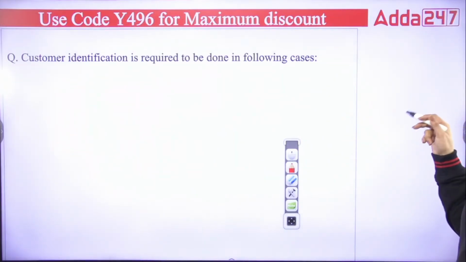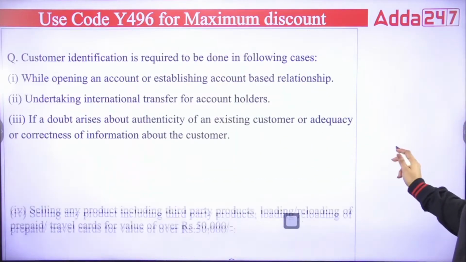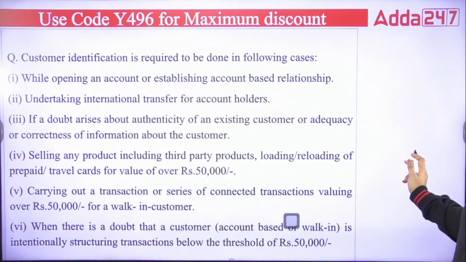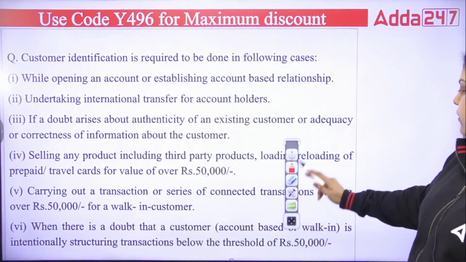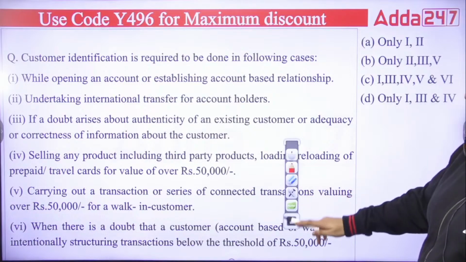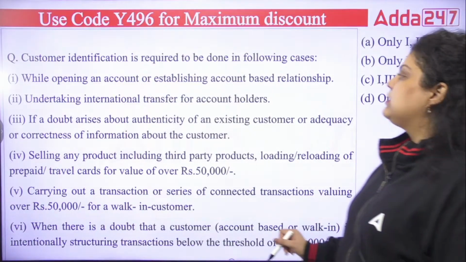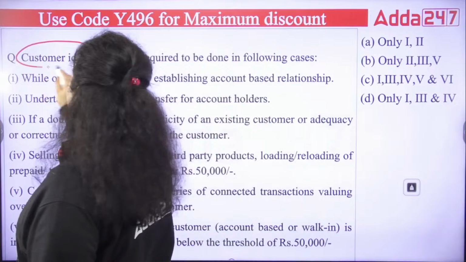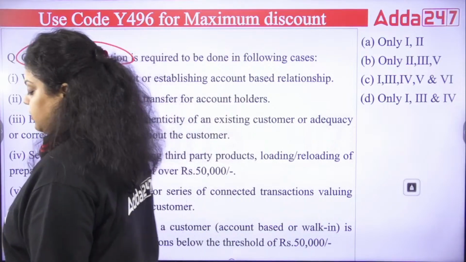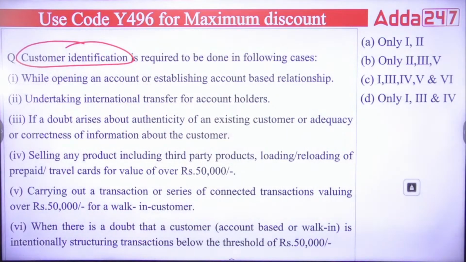Now, customer identification is required to be done in which of the following cases? In front of you, there are 4 cases. You have to answer in which of the following cases you have to do the customer identification. So let's read the statements given here.